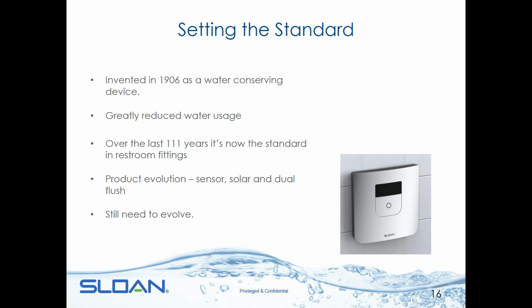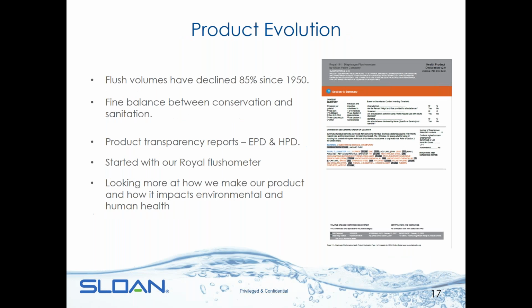So flush volumes have declined quite a bit since 1906, from 10 to 12 gallons, and now we're using 1 gallon of water or even less in some cases. And I believe we're at that point where we need to consider the health and performance impacts of continued water reduction in that restroom. While reduced water consumption is always a win, we shouldn't be sacrificing sanitation for conservation.